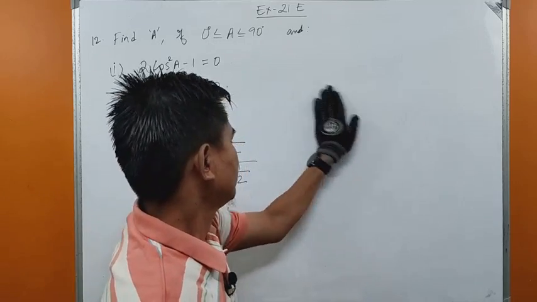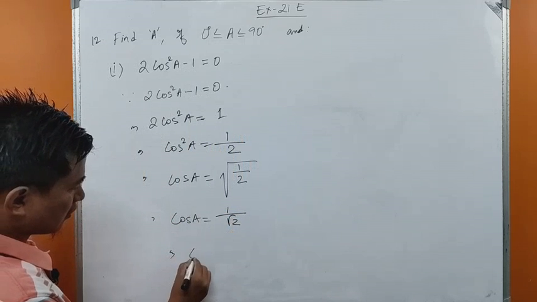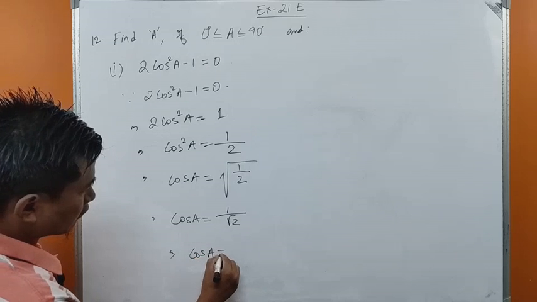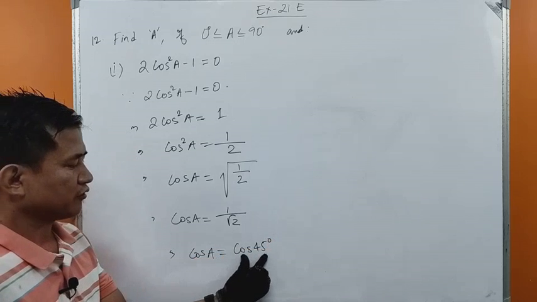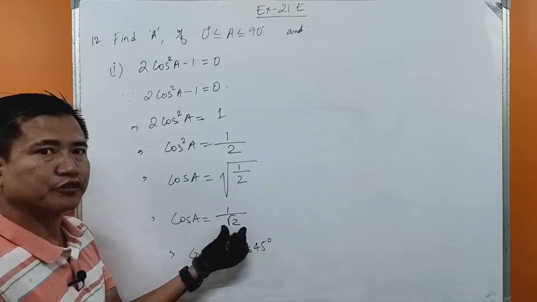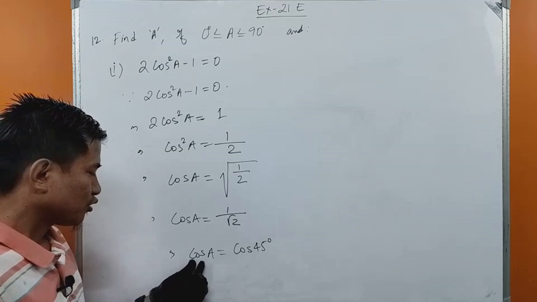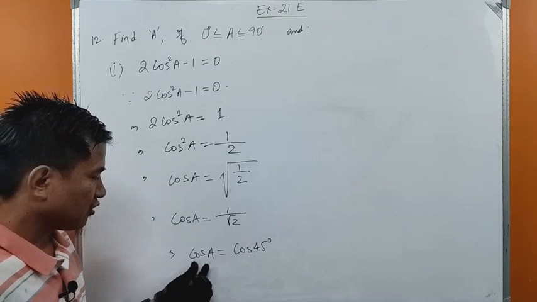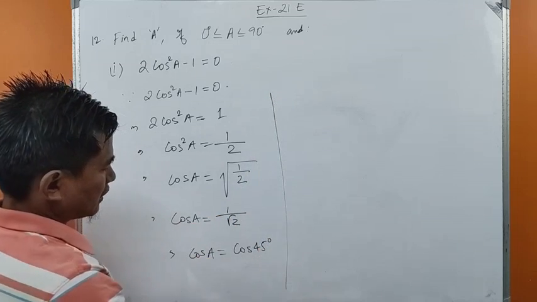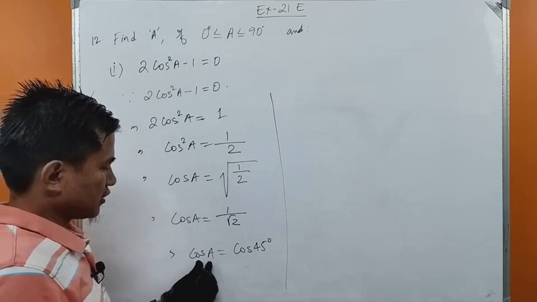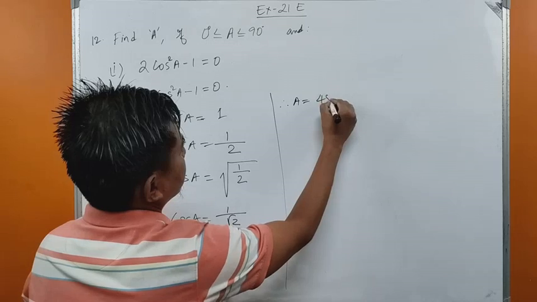Okay, so 1 upon root 2, or cos A equals cos 45 degree, because the value of cos 45 degree is 1 upon root 2, isn't it? The value of cos 45 degree is 1 upon root 2. So we should not cancel this cos and cos, but we can leave cos from both the sides. Just leaving cos from both the sides of this equation, therefore A equals 45 degree.